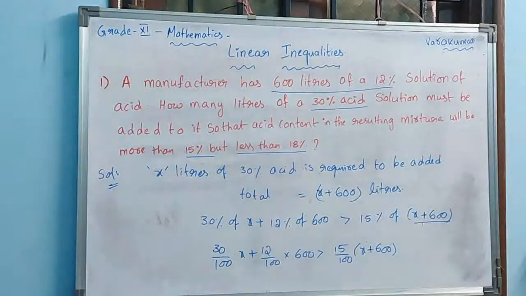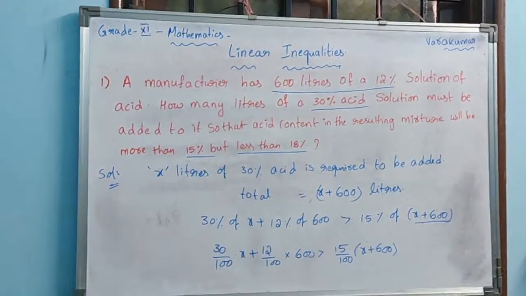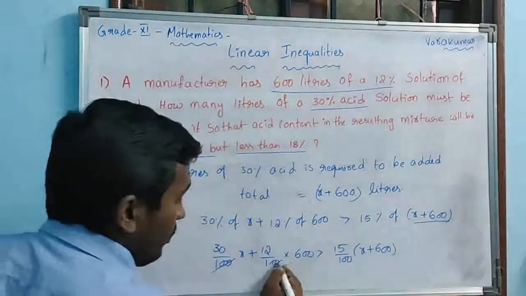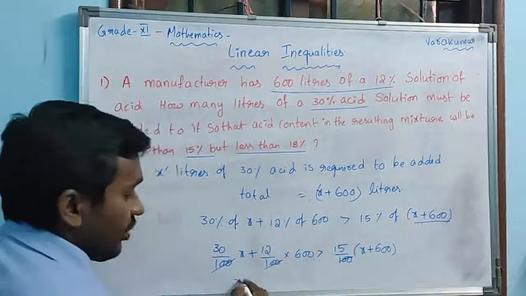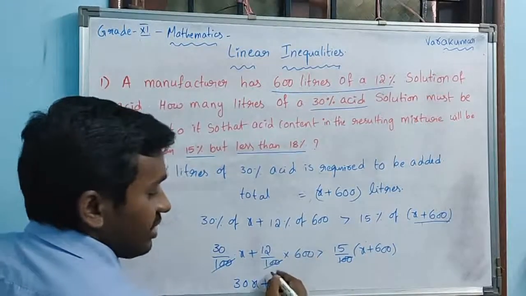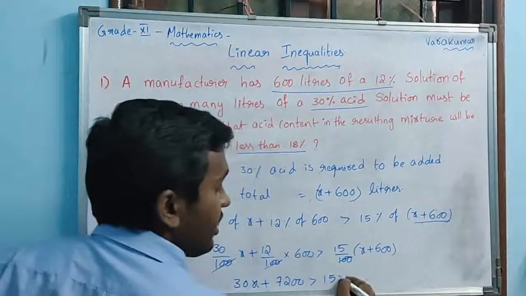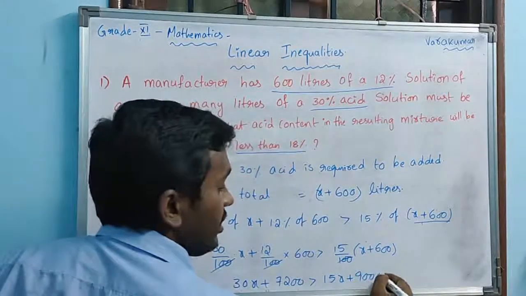Right? Okay. Now let us simplify this. Both the sides the 100 will get cancelled. So what you are going to get is 30x plus 12 into 600, 7200, greater than 15x plus 9000.